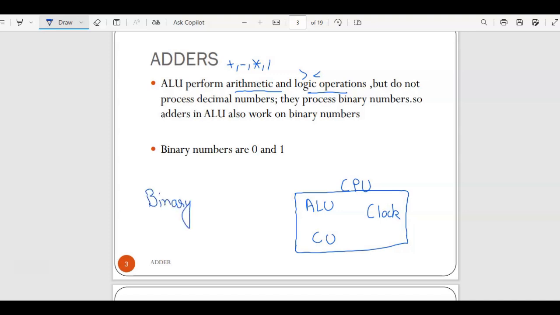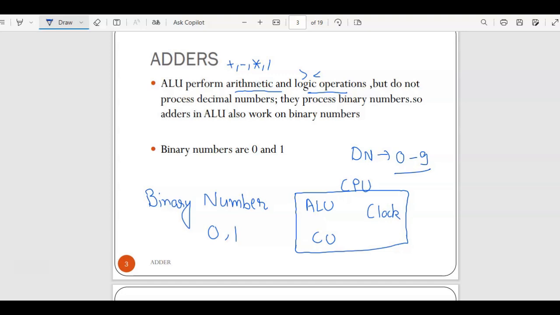Binary data is in the form of 0 and 1. Decimal numbers are the normal numbers from 0 to 9, but binary numbers work only with 0 and 1. The computer understandable form is written only in 0 and 1.